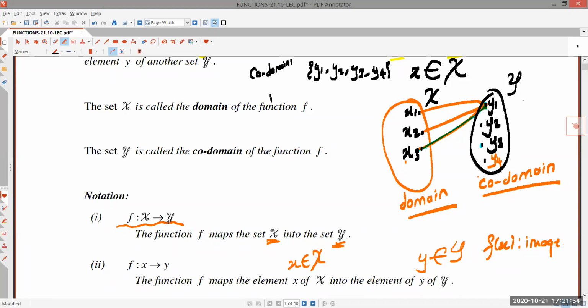The range is only the part where the elements of the domain have images. So you see this difference.